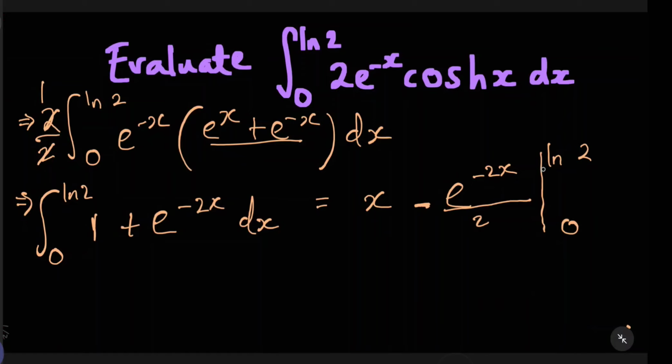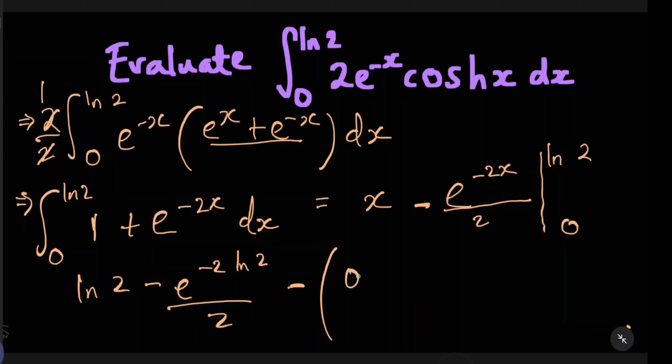So where our x is natural log of 2, we have natural log of 2 minus e raised to the power minus 2 natural log of 2 all over 2, minus, where x is 0, e raised to the power minus 2 times 0. So this is the expression we have at this point.